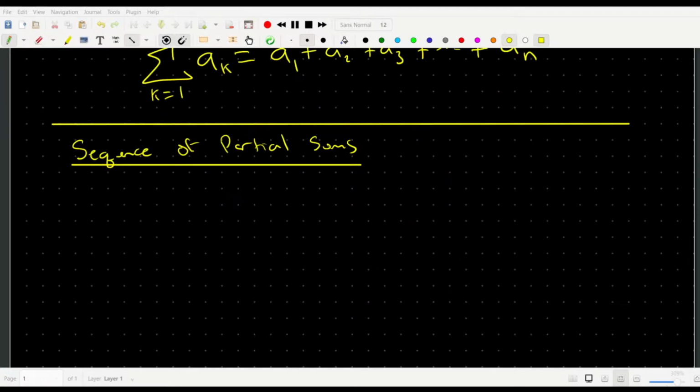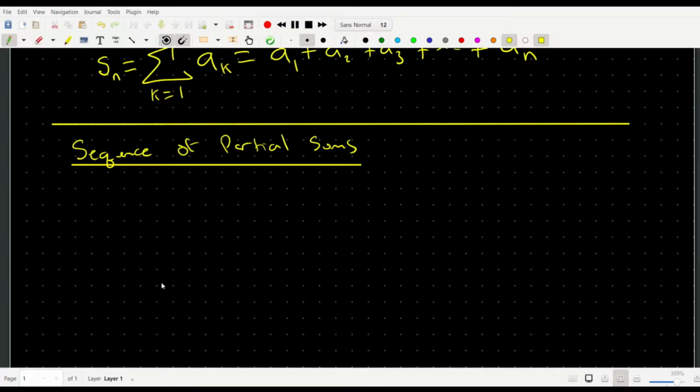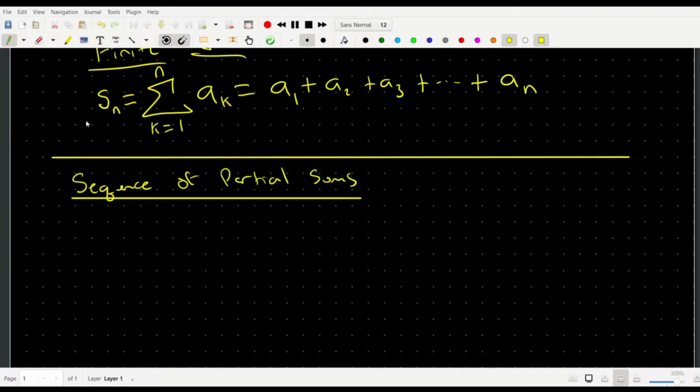Well, simply put, the sequence of partial sums for a given series is denoted by Sn. Essentially this is just all of the partial sums for a given sequence of a's.